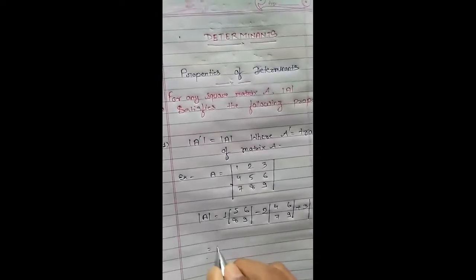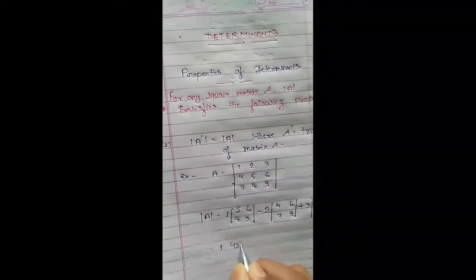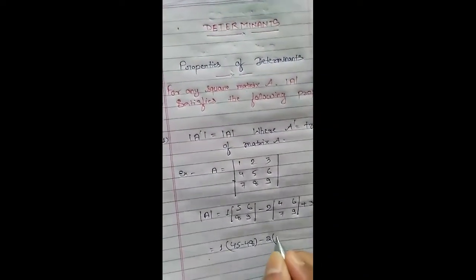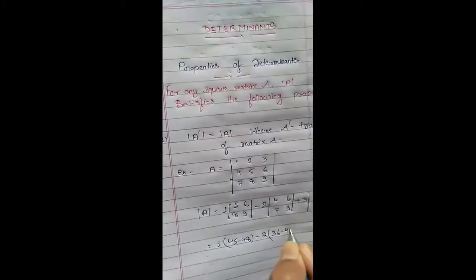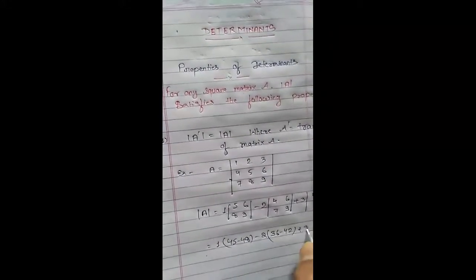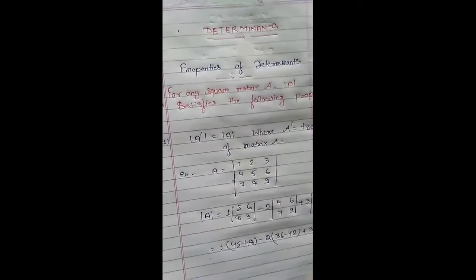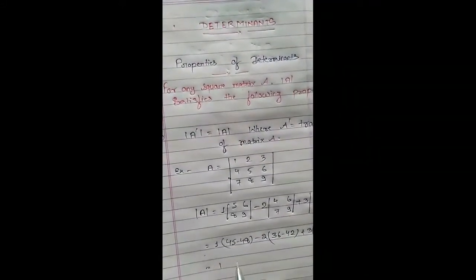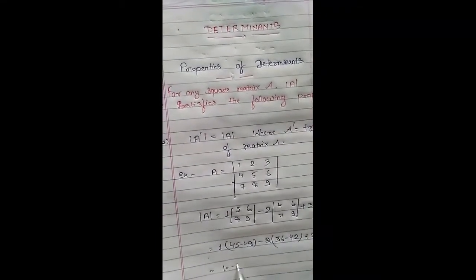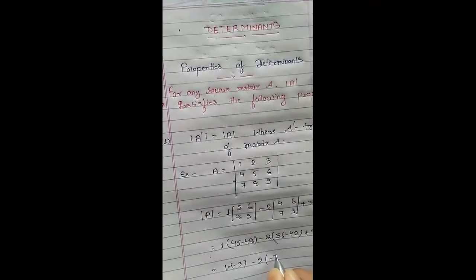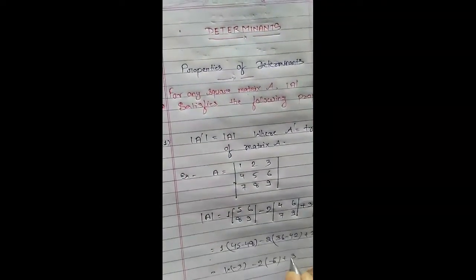Now 1 into 9 5 is 45 minus 8 6 is 48, minus 2 into (9 4 is 36 minus 42, 7 6 is 42), plus 3 into (8 4 is 32 minus 7 5 is 35). 1 into minus 3, minus 2 into minus 6, plus 3 into minus 3.